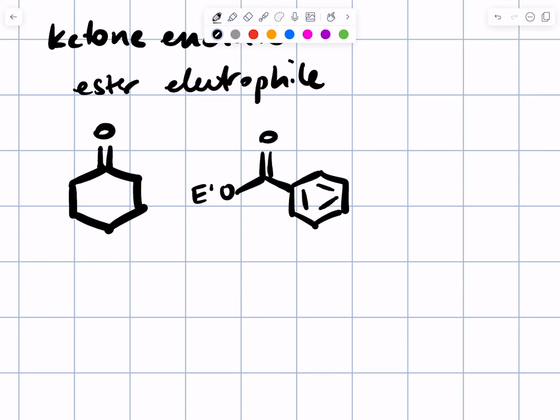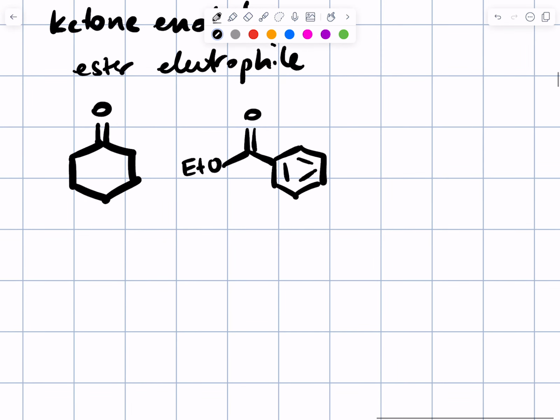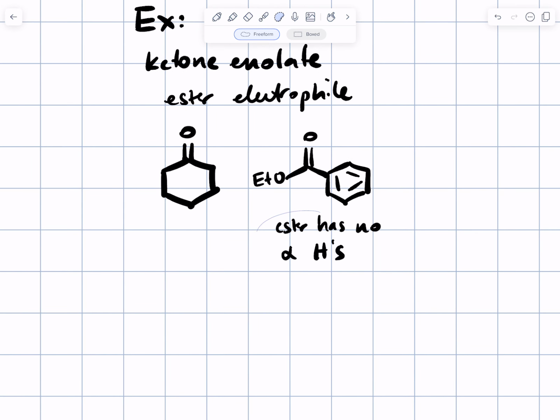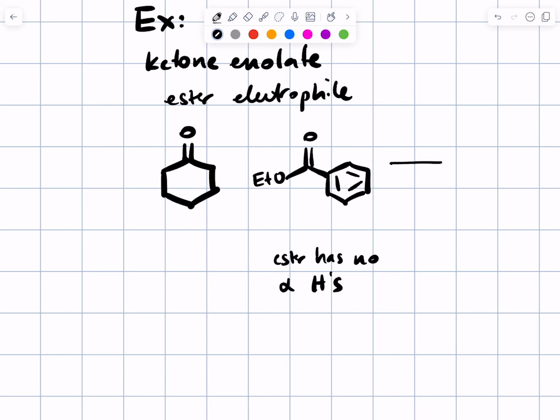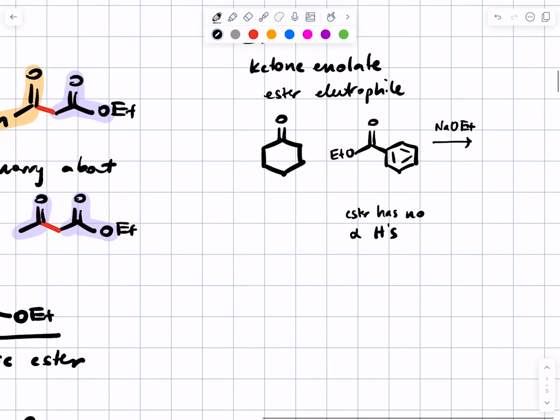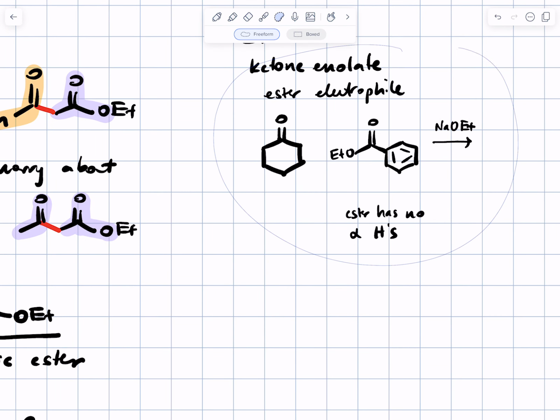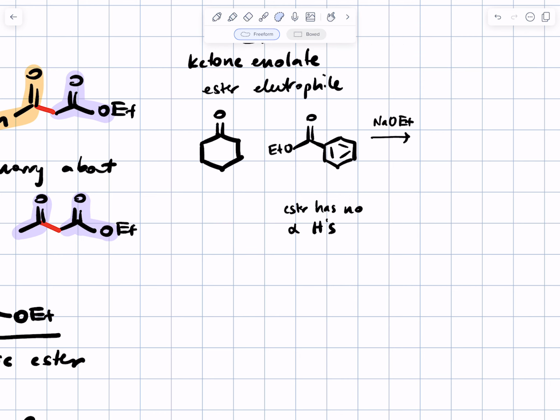And I'm just choosing, the process works best, your text says, when your ester has no alpha protons, because you don't want potential self-Claisen products to compete with the desired cross-Claisen product. So as an example, if you were to use a base, you would form an enolate first.